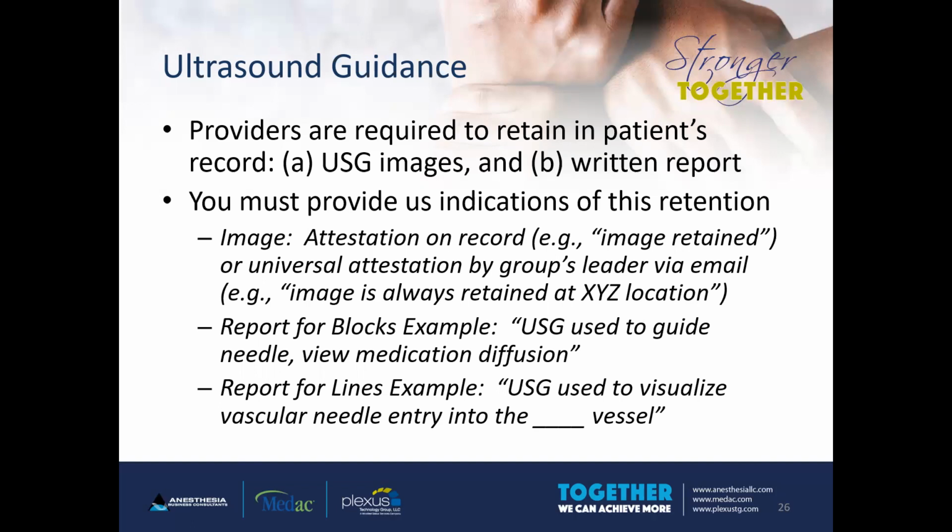That'll help check off that requirement box, image retained, if in fact it was. And then for the USG report language, we've given you some examples here. For instance, if it's a USG report for block placement, then something like, quote, USG used to guide needle, view medication diffusion, end quote, something like that will help to suffice for the language requirement that we have here at the billing office.